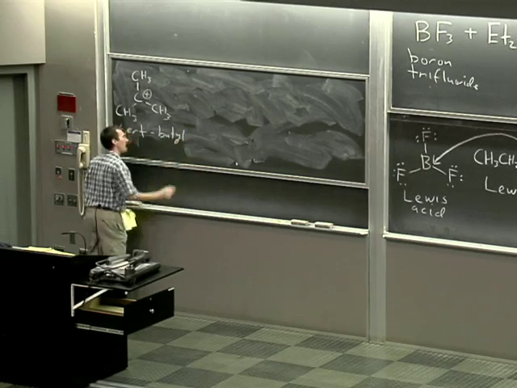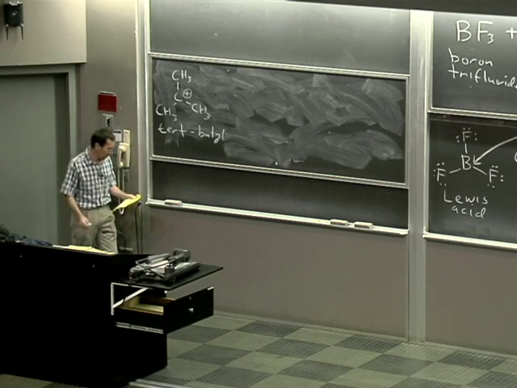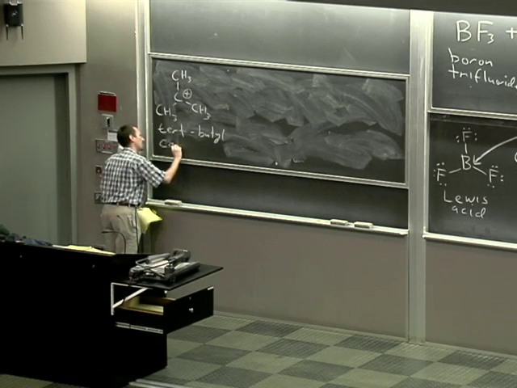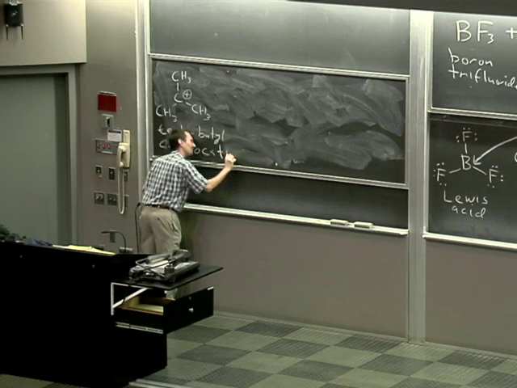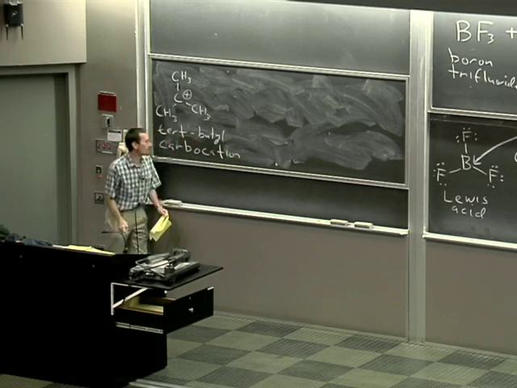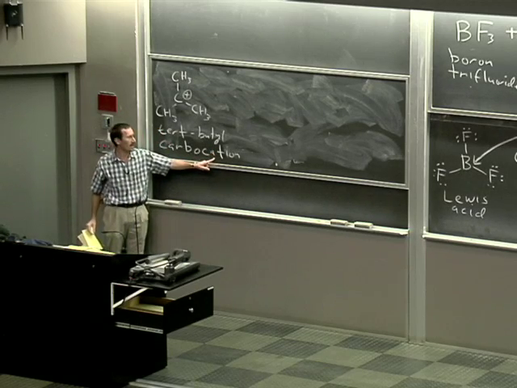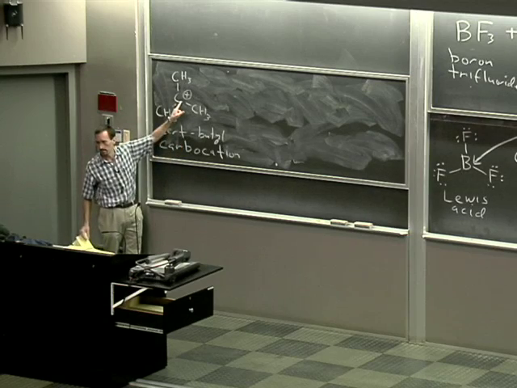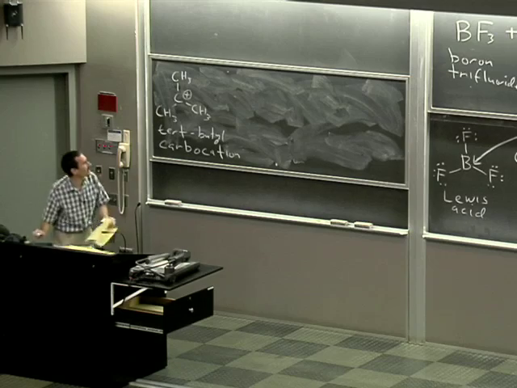We write it with a hyphen to show that it's connected, that it's modifying butyl. And carbocation means a cation, a positive ion, that's centered on carbon, hence the positive charge on carbon.